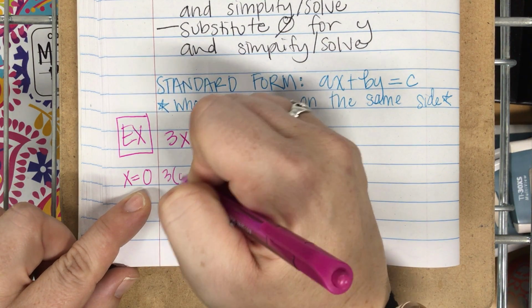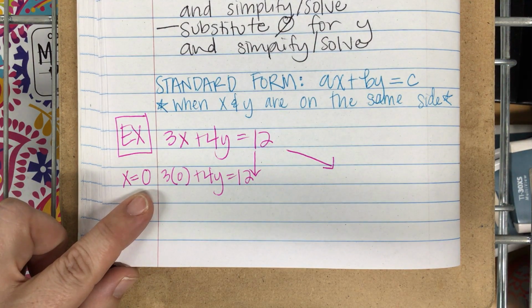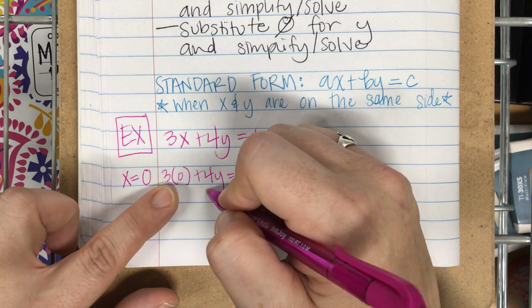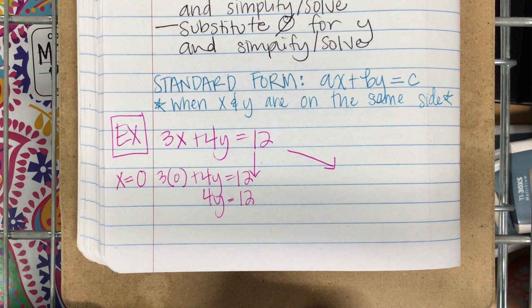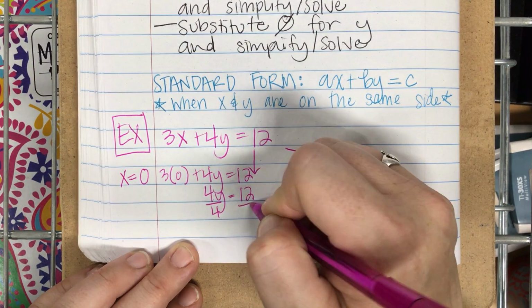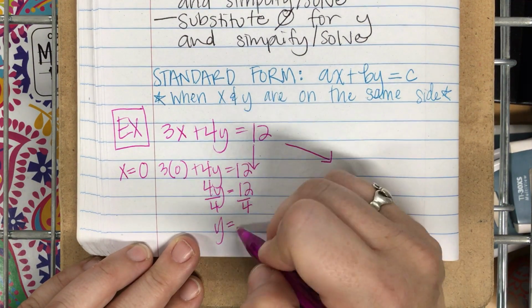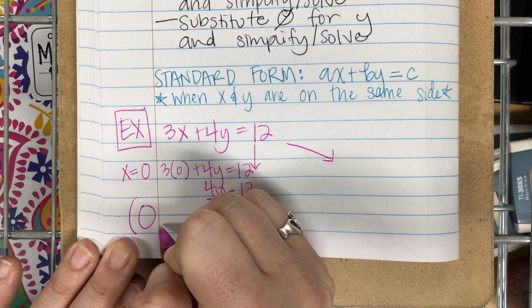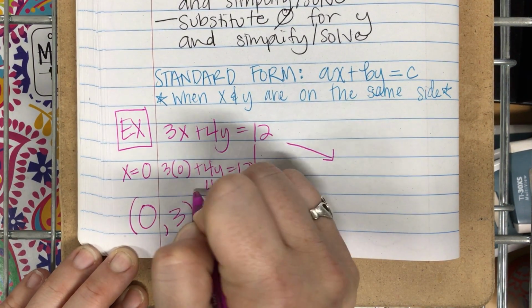So 3 times 0 plus 4y equals 12. And 3 times 0 is 0. So I'm left with 4y equals 12. Divide by 4, y equals 3. So what's my answer? My answer is not y equals 3. My answer is an ordered pair of 0 for x and 3 for y.